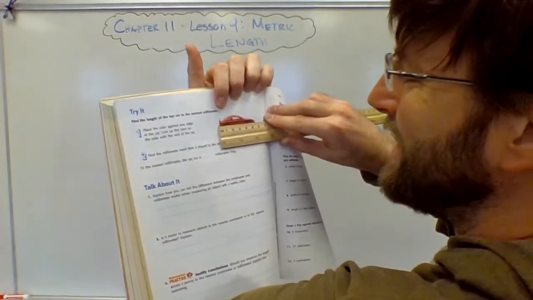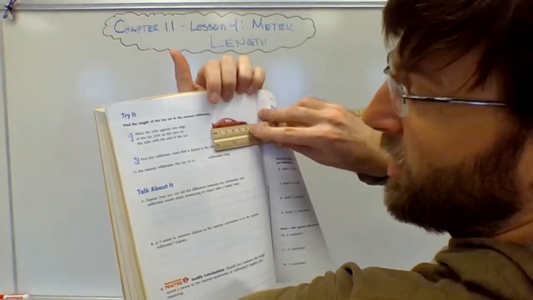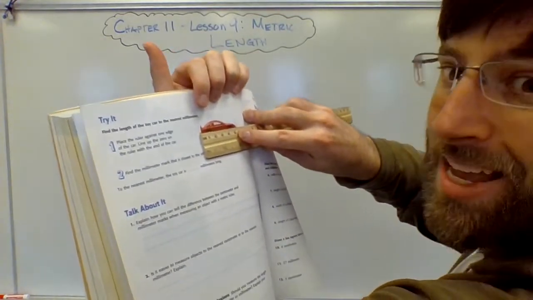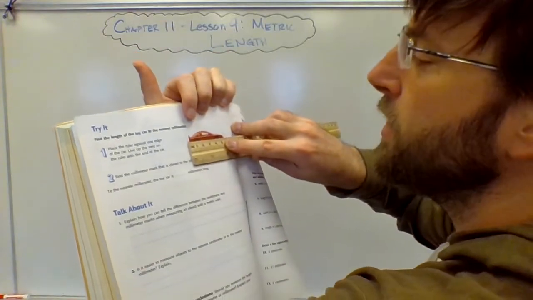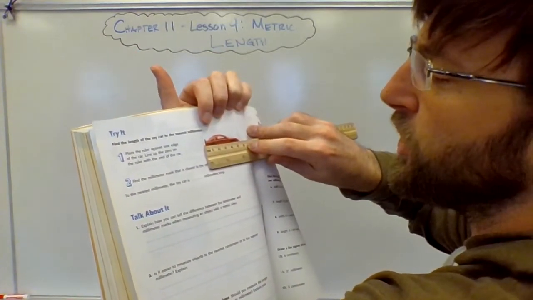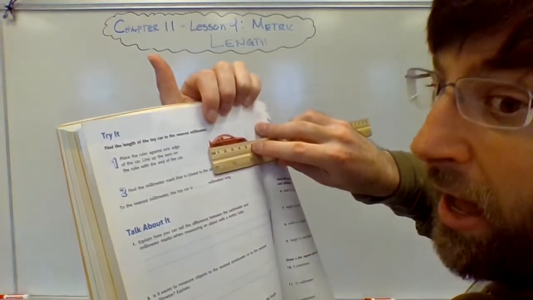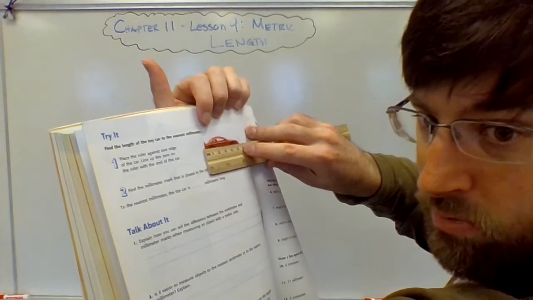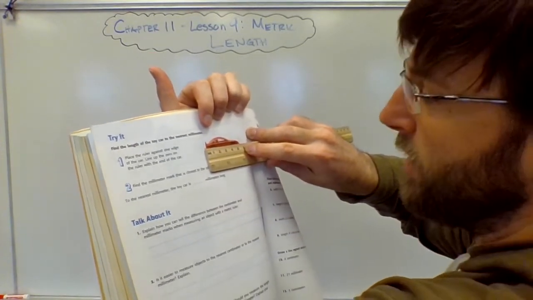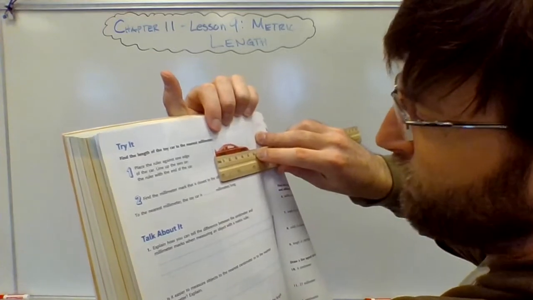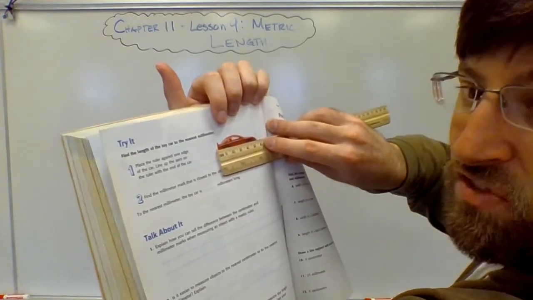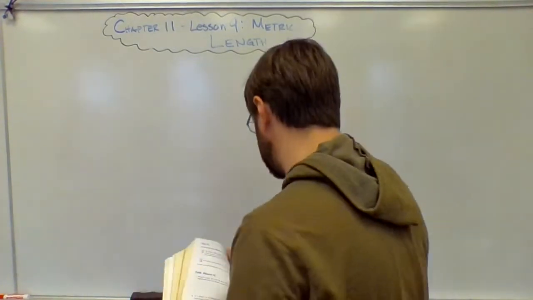So I see that if I know that the 5 centimeters is 50 millimeters, then I can keep going. That big, thick halfway point would be 55. And then I keep going from there. I've got 55, 56, 57. I would say that that's 57 millimeters.